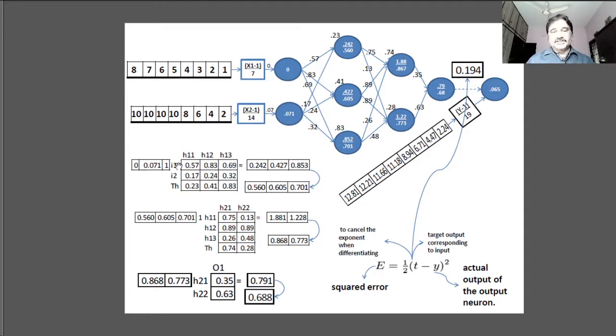Likewise, this is multiplied by the third column, which indicates all the weights coming to that third neuron, and the last value here is the threshold value. So that is how you got the net input values, n in values, 0.242, 0.477 and 0.853, which I have obtained.